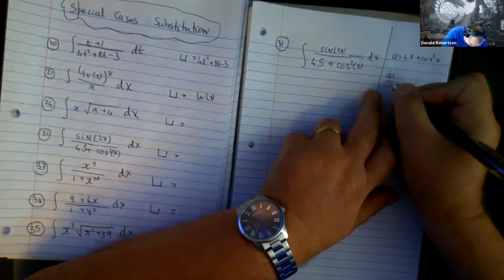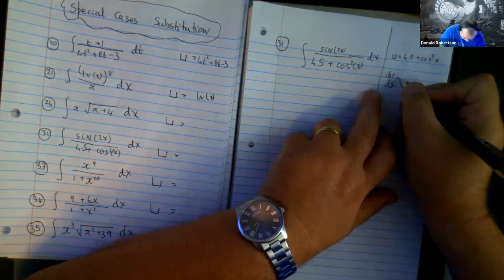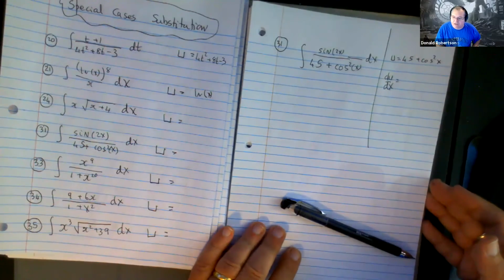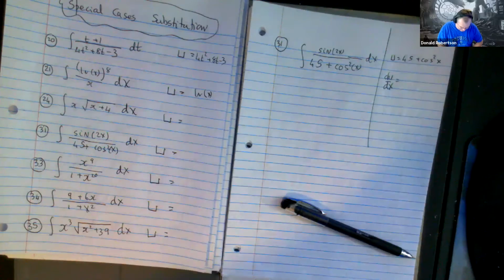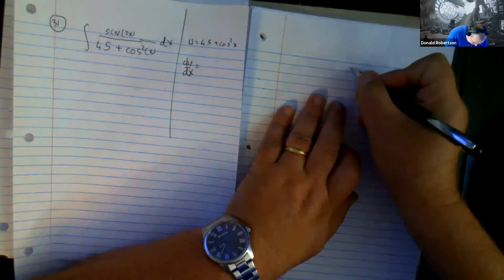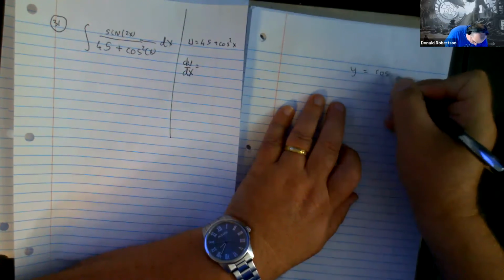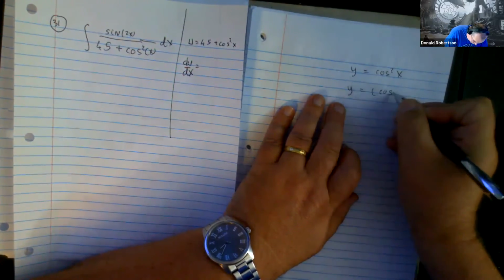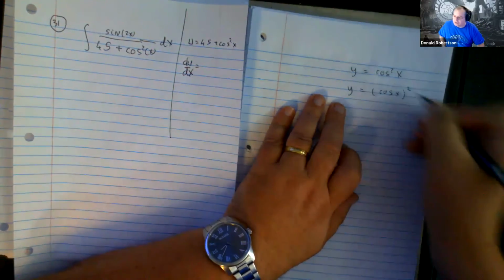So if you differentiate this guy with respect to x, now this will definitely get the cobwebs going. If you want to differentiate cos squared, isn't cos squared actually cosine x with a bracket round it in a square? Let me do that at sec. To differentiate this, you have to do the chain rule, which means you have to remember that that's really what it is.